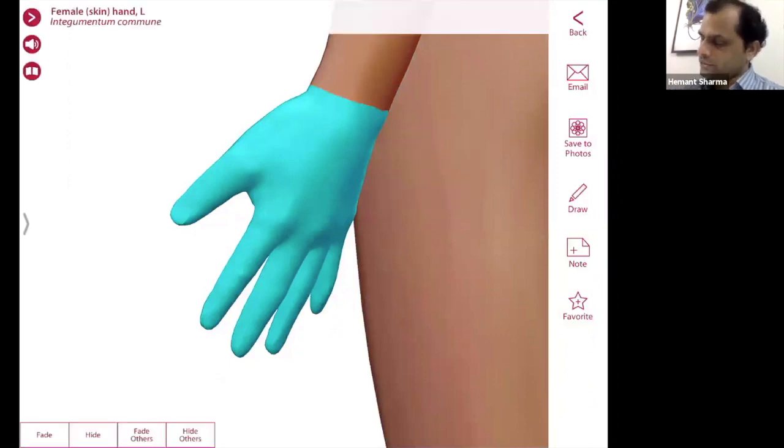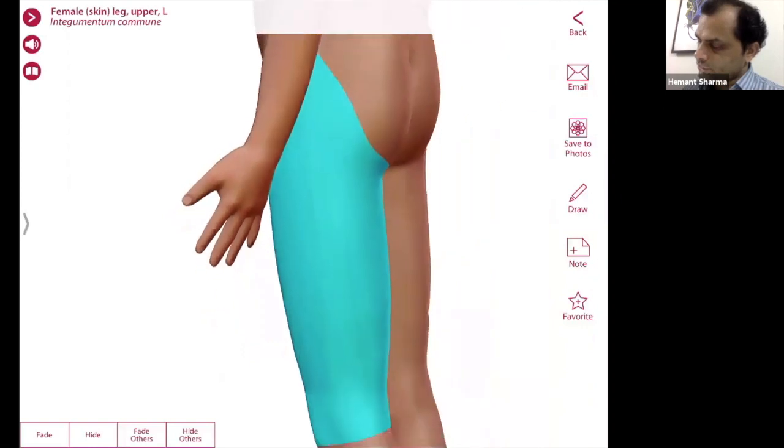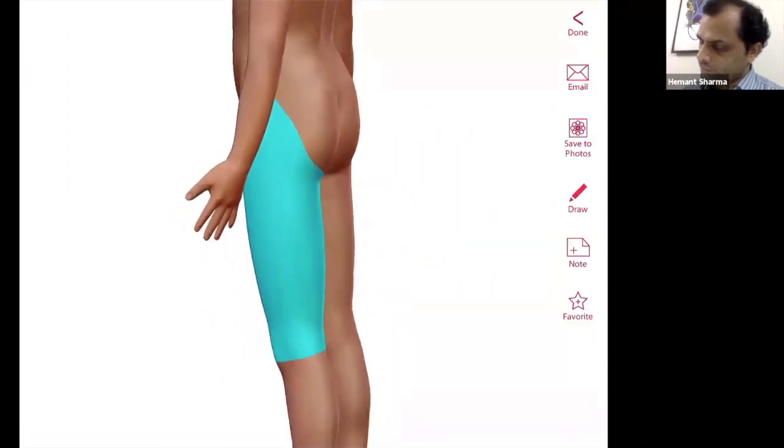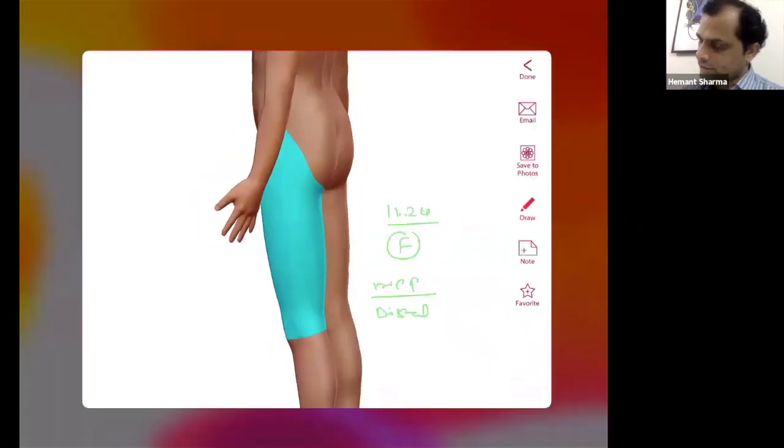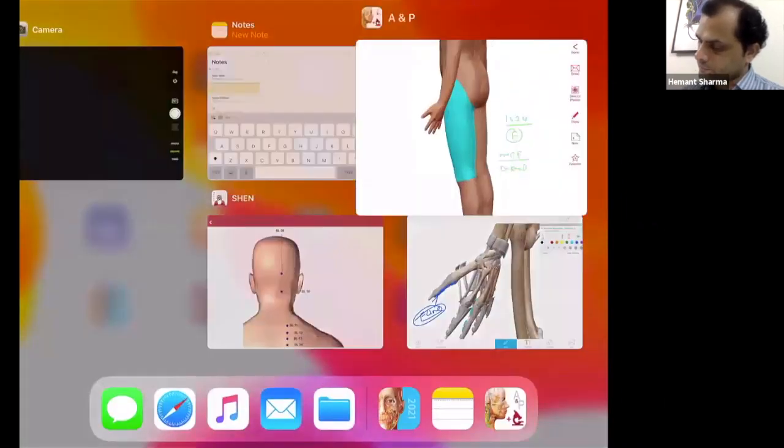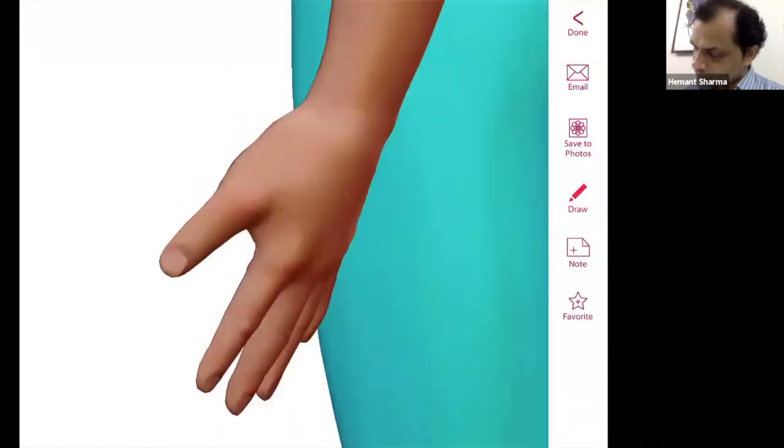Whenever we are putting the Fouquet point, remember that it is available on the F line, between the MCP joint and the distal phalangeal joint. Let's see here again in this image. This is the distal joint, and this is the proximal, this is the MCP joint, metacarpophalangeal joint.